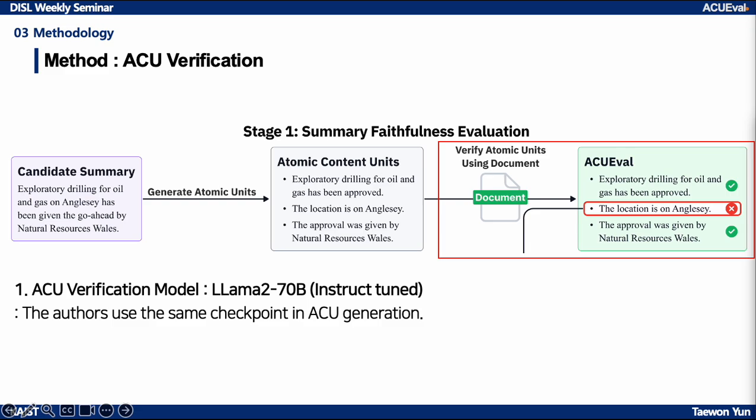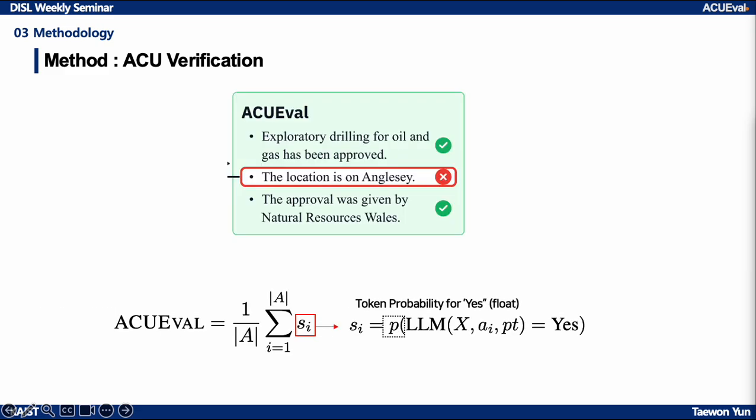The next step is to check whether each ACU in the summary is factually consistent with the document. You can think of this process as classifying the label based on whether hallucination occurs. Just like ACU generation, this is also done through prompting without a specialized model. One key difference from traditional fact-checking is that instead of using a binary label, they evaluate based on the token probability for yes.